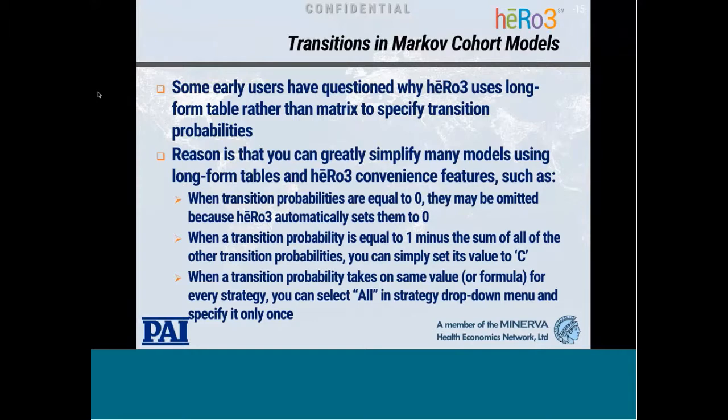Also, this makes it much easier to define transition probabilities which depend on strategy, because for a given entry, we can say whether it's for strategy A, strategy B, or for both. That makes it really nice and easy to define transition matrices for both strategies and make clear what's strategy dependent and what is not.